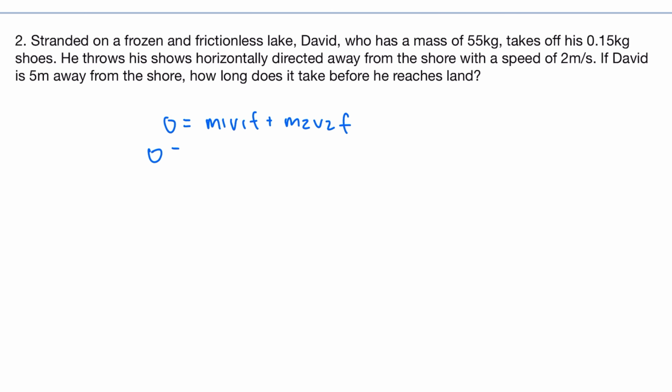So 0 equals mass 1, which is David, so 55 kilograms, times vf, plus mass 2, which is the shoes, so 0.15 kilograms, times 2 meters per second.